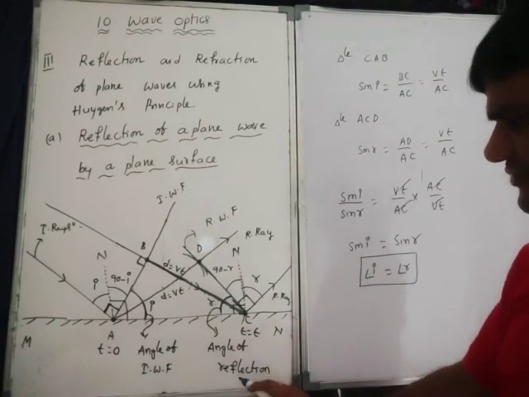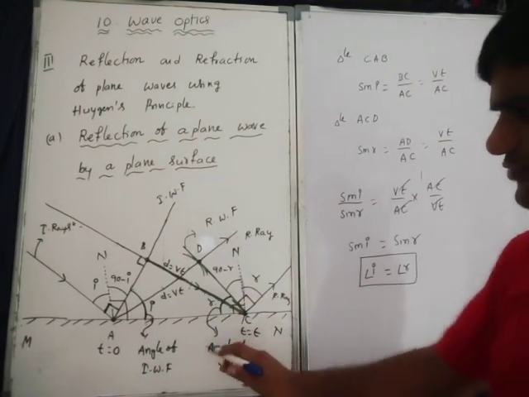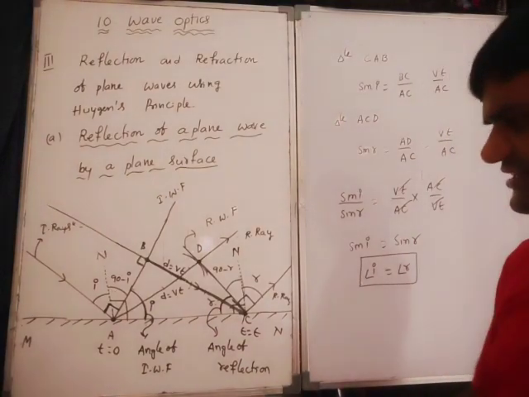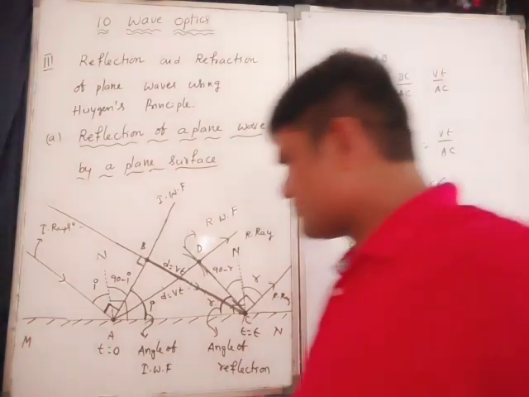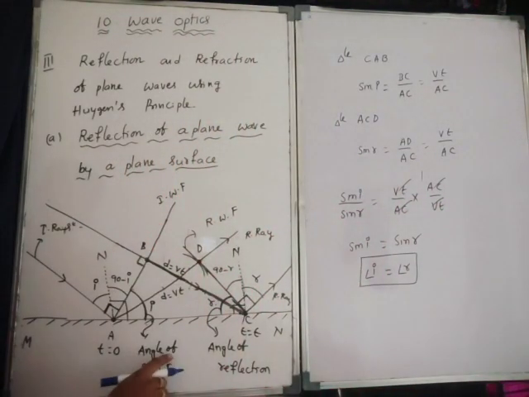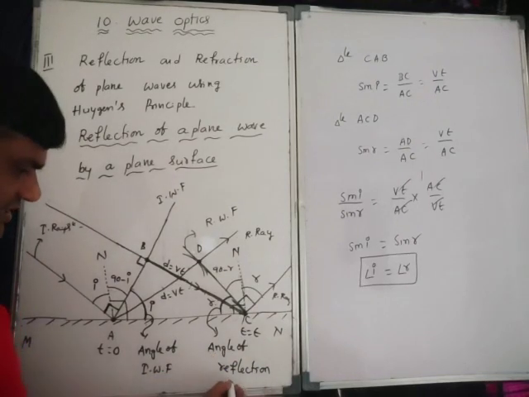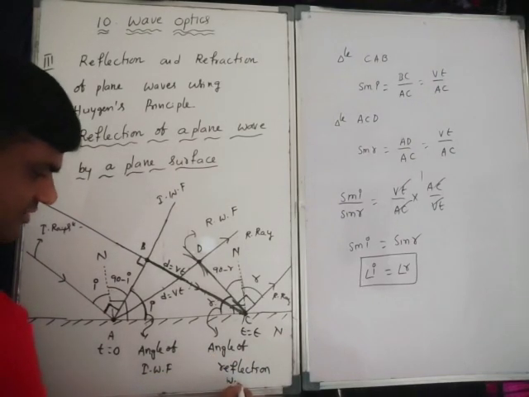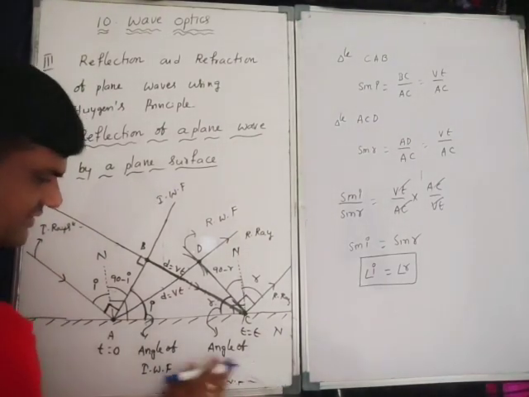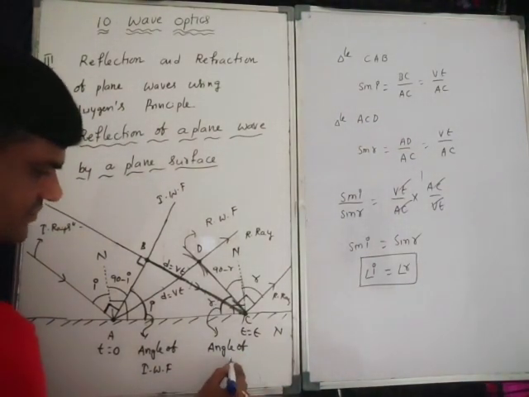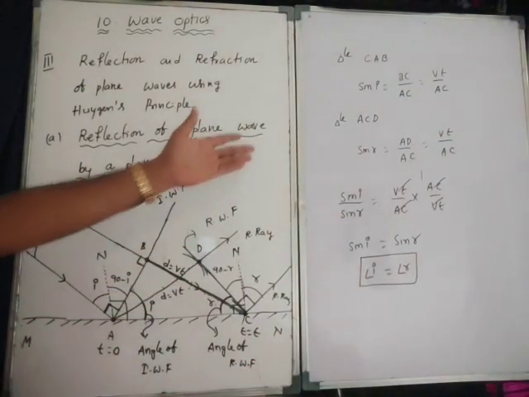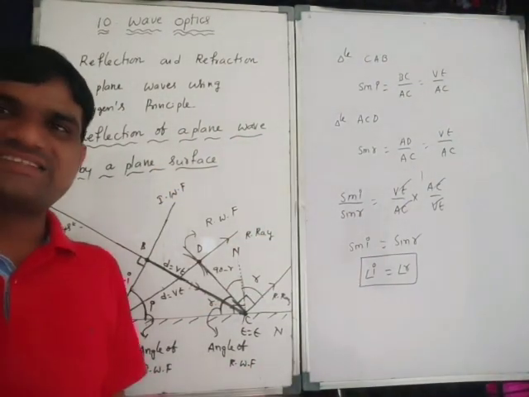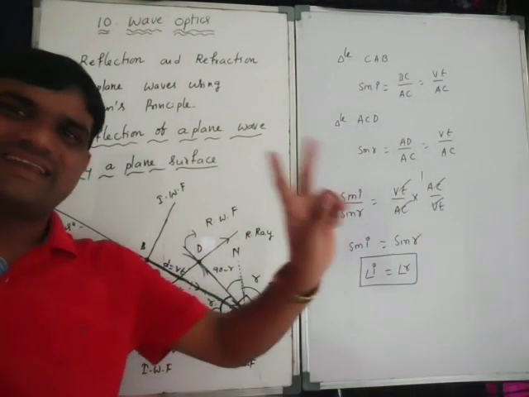This is the angle of reflection, and this is the angle of incidence. This is the reflected wavefront. Right? This is the proof. The angle of incidence is equal to the angle of reflection. The first law is over. Next, the second law.